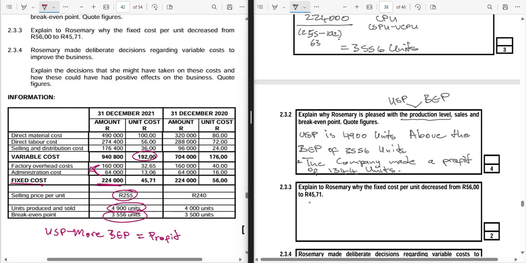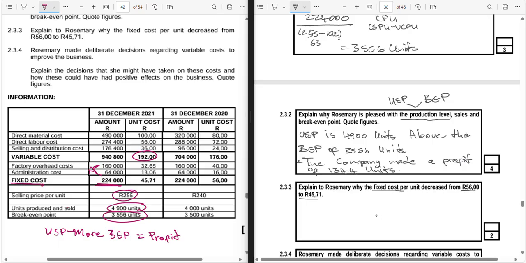The next one, they are saying explain to Rosemary why fixed cost per unit decreased from 56 to 45. Remember, we were talking about economies of scale yesterday. When fixed cost per unit decreased, it means the company is enjoying economies of scale.